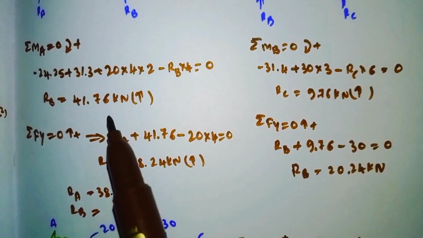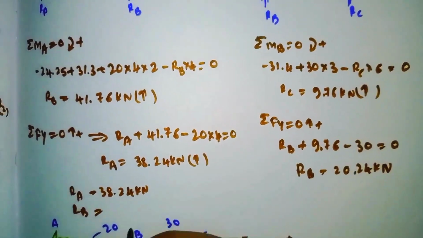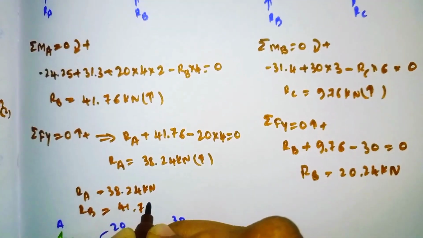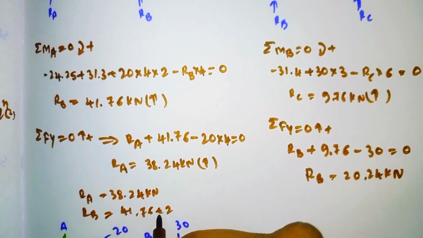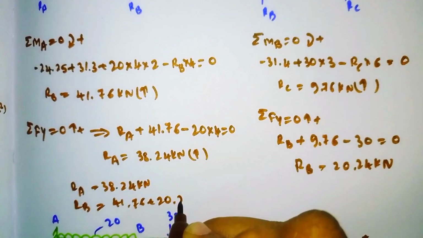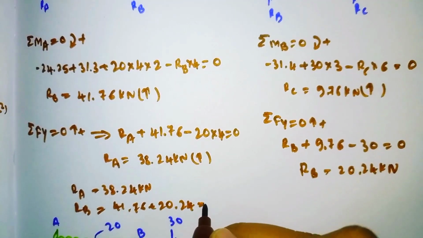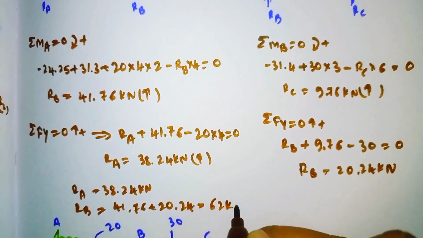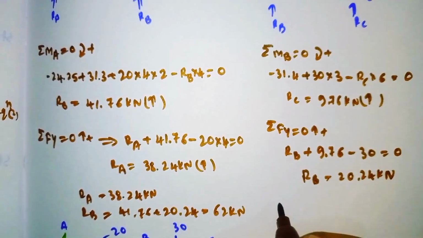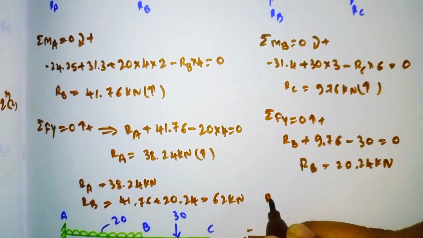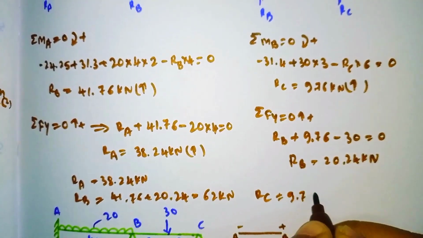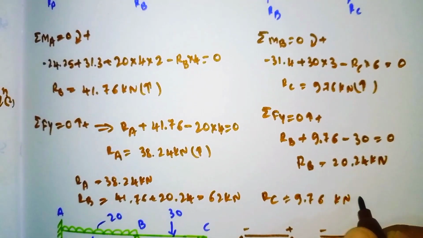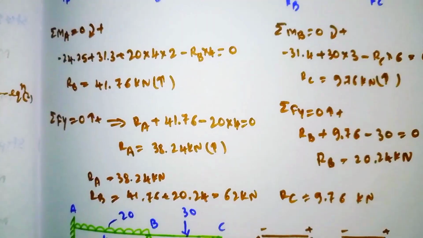So to get the final reaction we need to add these two, 41.76 plus 20.24. So it will come out as 62 kilonewton. So for RC also we have only one value, that is 9.76 kilonewton. So these are our final values.